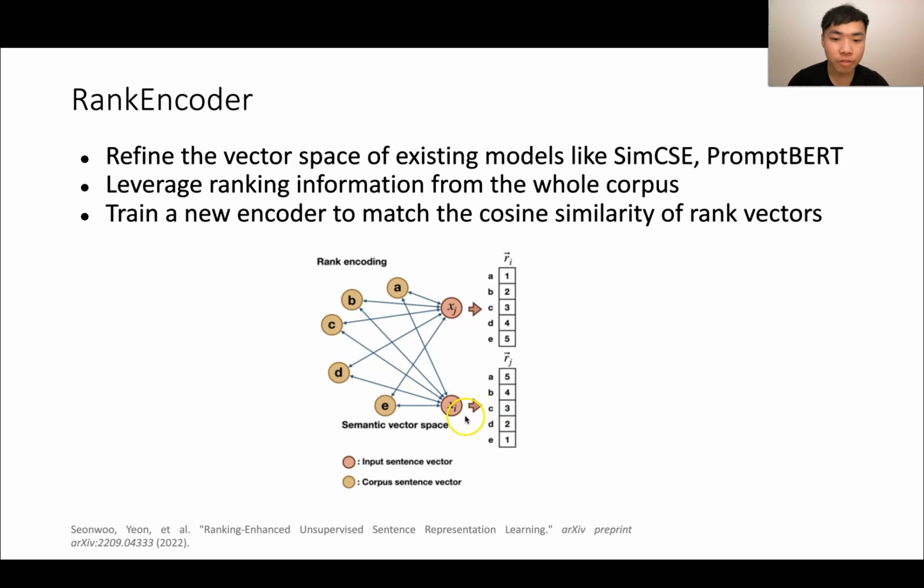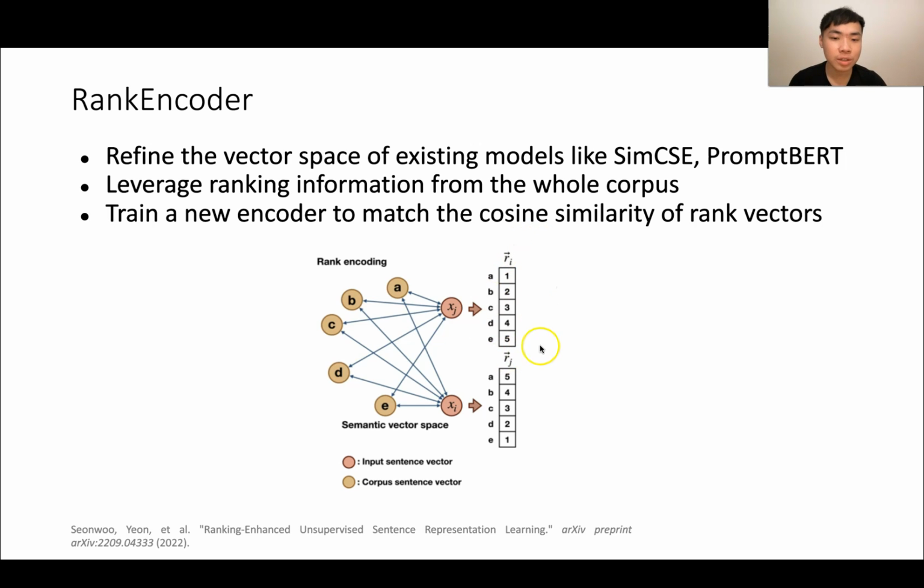So even though these two sentences are not very different, their ranking information may be very different. So this kind of ranking vector actually increases the resolution of the embedding space if a specific region has a lot of data examples in the corpus. So it's kind of renormalizing the embedding space.